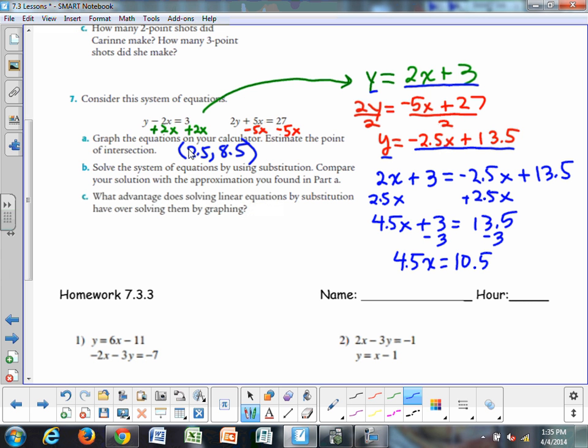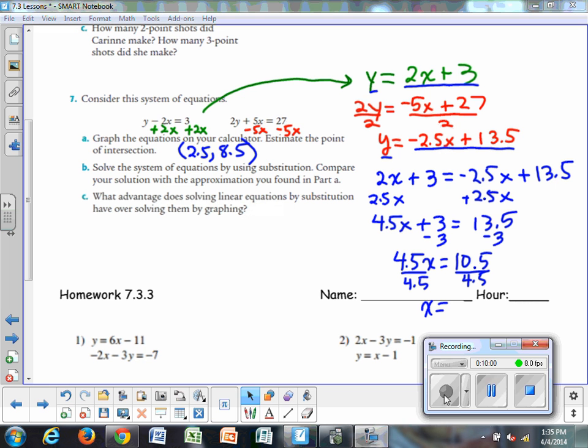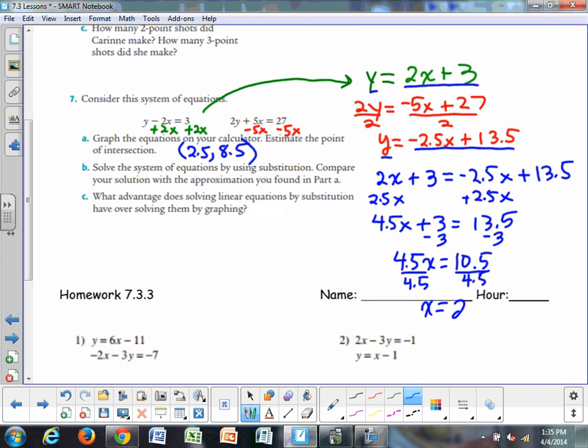10.5. Dividing by 4.5 gives me x is equal to 2 and 0.3 repeating. Okay, and then to find y, we need to go ahead and substitute that. y is equal to 2x plus 3.